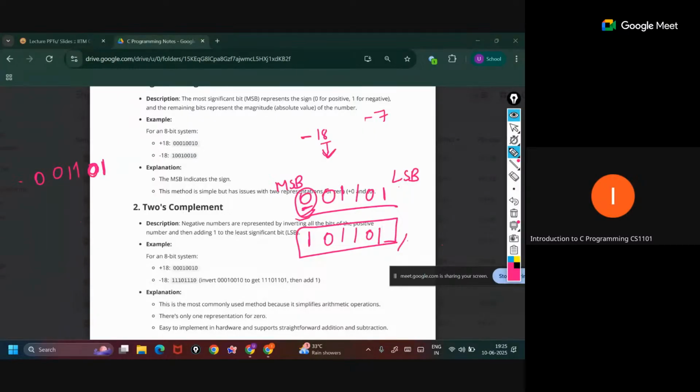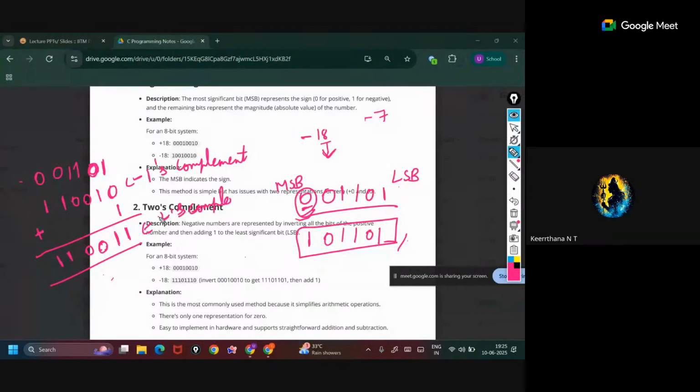First I have to take the 1's complement. What does 1's complement mean? 1's complement is nothing but inverting all the digits: 0 to 1, 1 to 0. Now if I add 1 to it, the value I get is 111011. So this is the 2's complement. Is it clear?